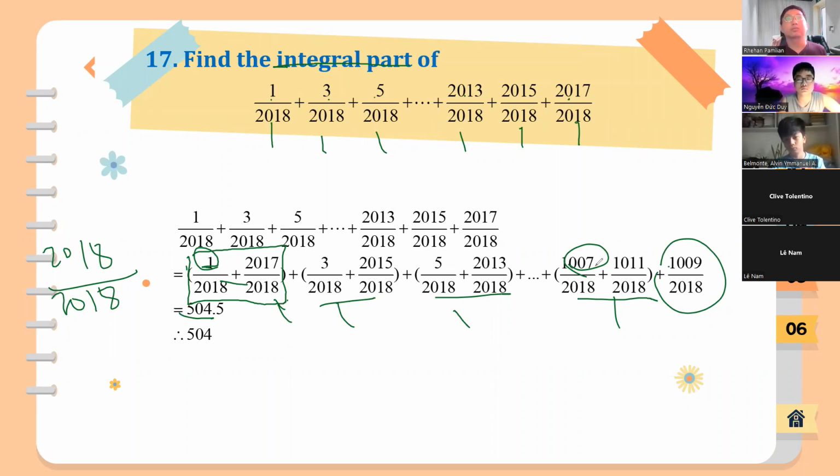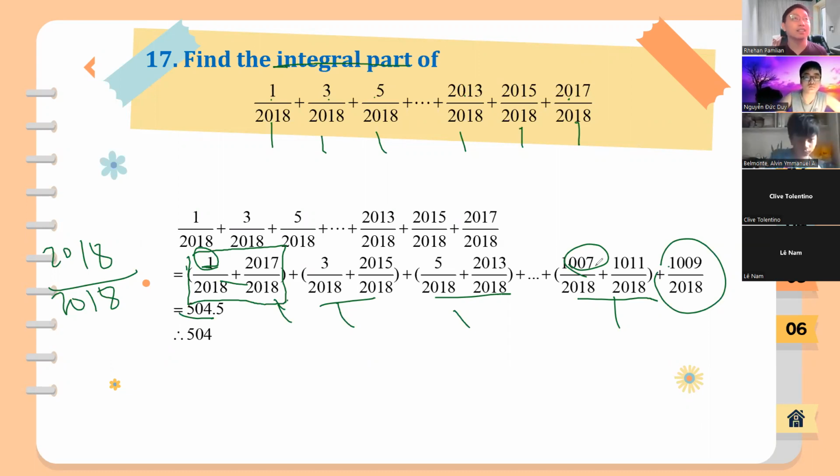So basically, since 1009 right here is just half, that means I could just divide it by 2. But since there are pairs, that's also 2. So we have two twos, which means 4. So I arrived at the idea that I can just divide 2018 by 4. Right. Yeah, I get it now.